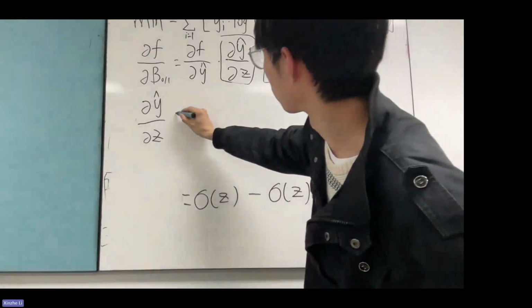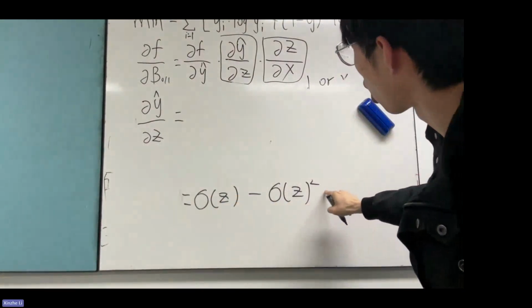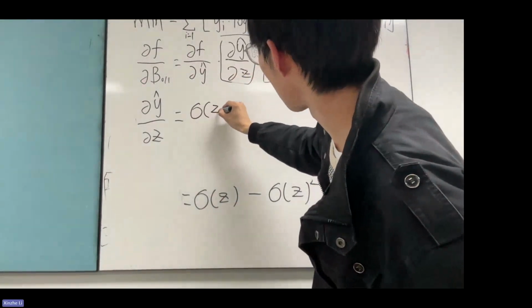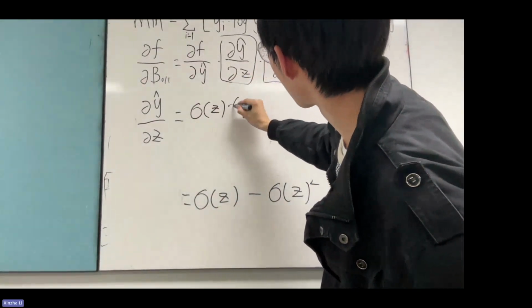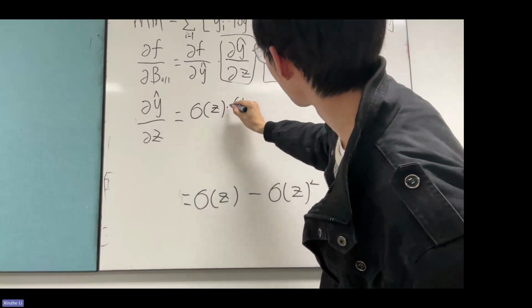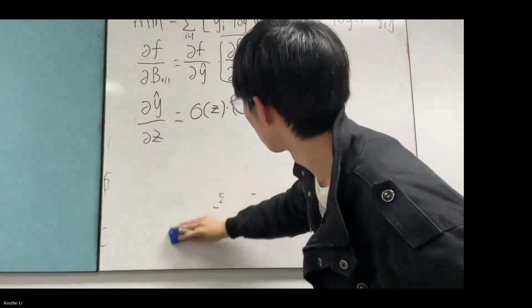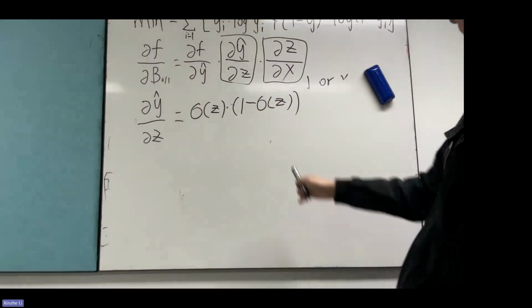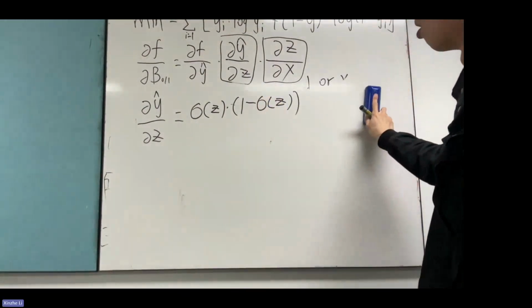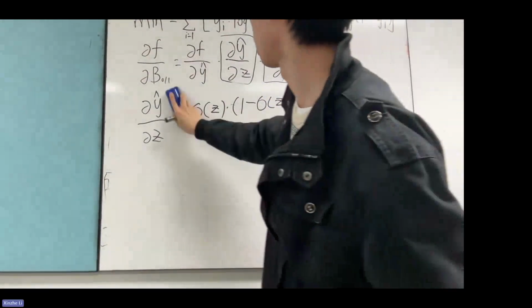Now we get the result equal to sigmoid minus sigmoid square. Putting one sigmoid outside, it is equal to sigmoid multiplied by 1 minus sigmoid. Okay, finally, I finished this derivative.